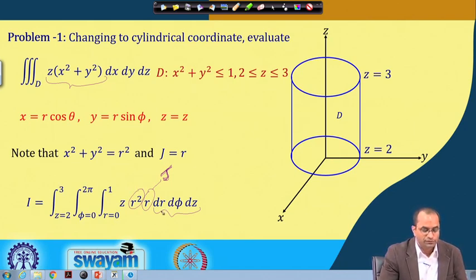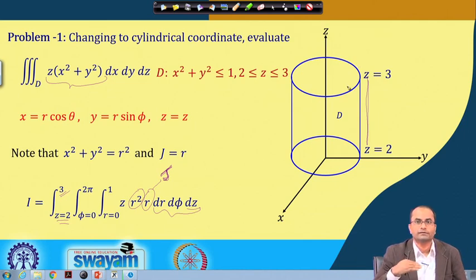Now, we come to the limits here for r. So, it is very clear that, or let us first put the limits of the z. So, the z limits are trivially given there, that z varies from 2 to 3. So, once we have covered the limits of z, then what is left? It is a projection to the xy plane, and that is nothing but the circle. So, once we have fixed the limits of z, what is left now is a circle in the xy plane, which we know already in polar coordinates.